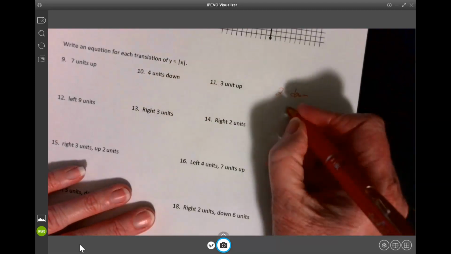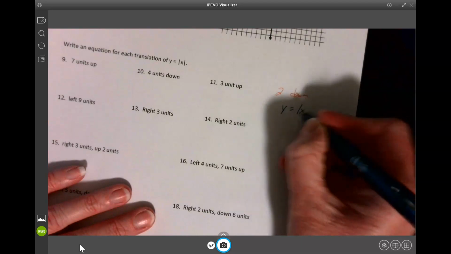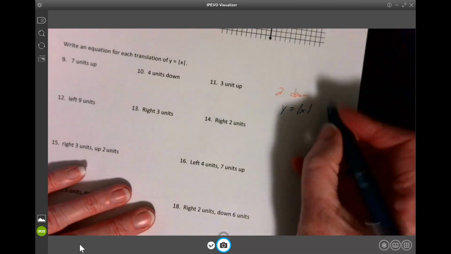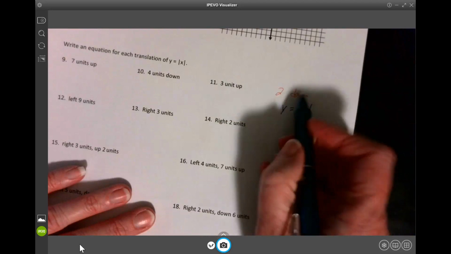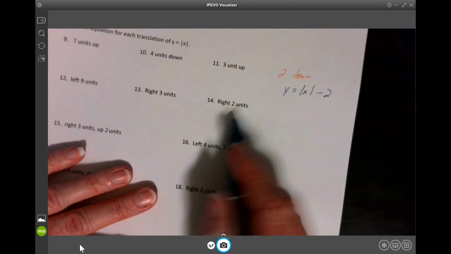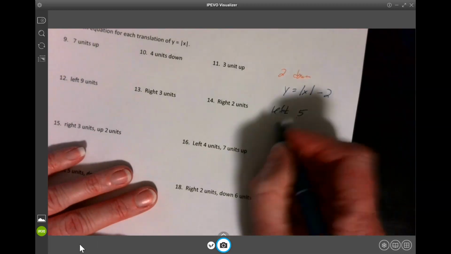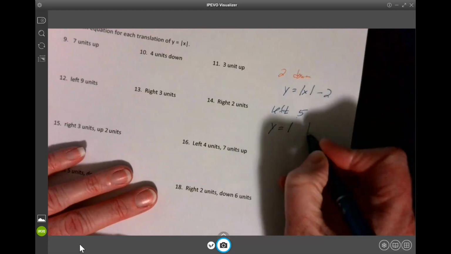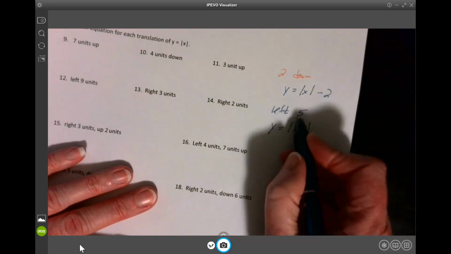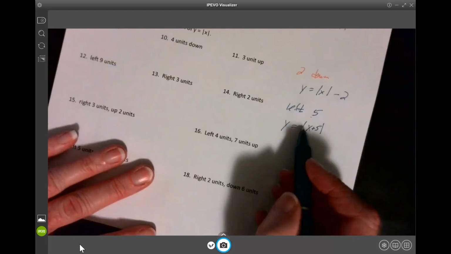So this equation would be y equals the absolute value of x, because it just shifts up and down, and it's going to go down, so it's going to be minus 2. Okay? If I have one that goes left 5, well, that means that it affects what's inside the absolute value. It's going to go left, so that means I have to go the opposite direction, 5. That would be my answer.